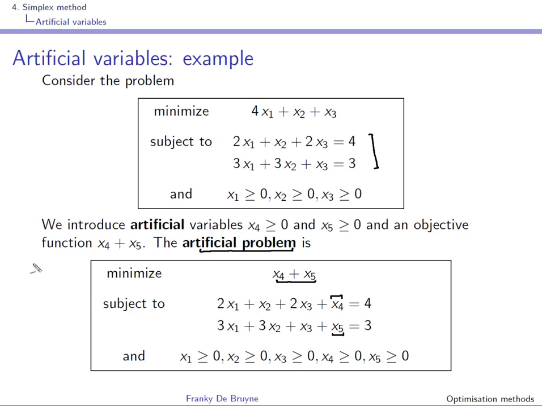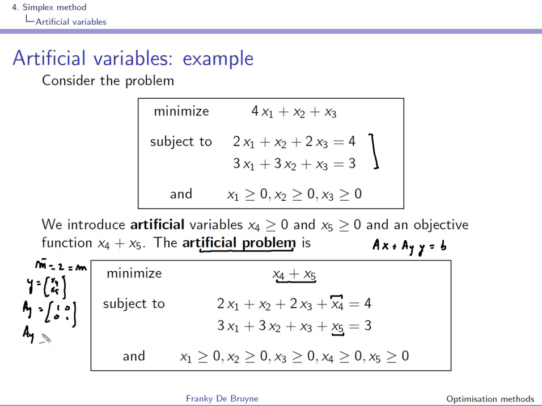So in our case here we have m bar equal to 2, that's the number of artificial variables, and it's also equal to m, the number of constraints. We can stack the variables in y, x4 and x5, and to be able to write this as follows: the matrix Ay is simply here the identity matrix.